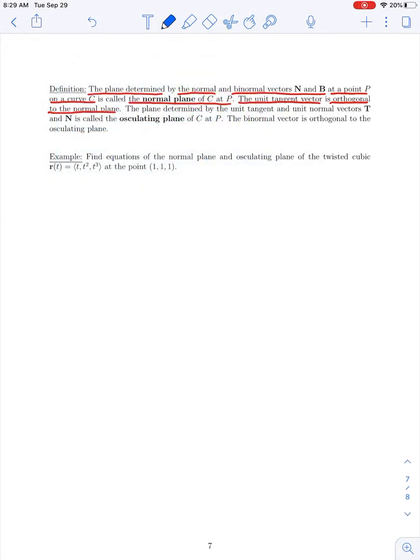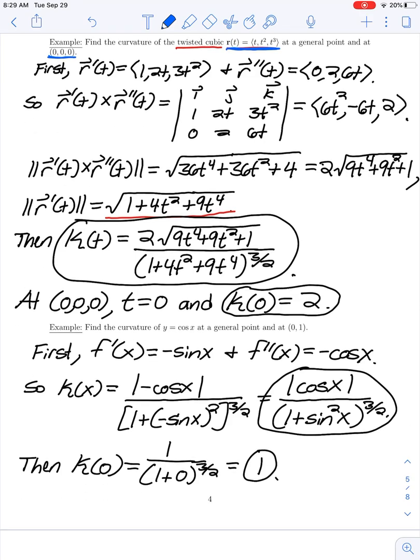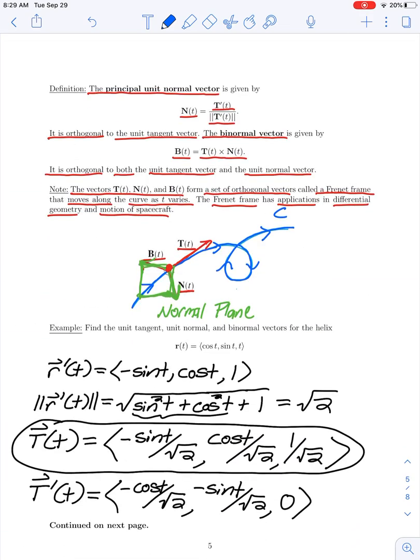Now another plane that we could define would be the plane determined by the unit tangent and the unit normal vectors T and N. And this plane is called the oscillating plane of the curve C at a point P. And for this plane, the binormal vector is orthogonal to that oscillating plane. So to illustrate it, let's look back at our figure here.